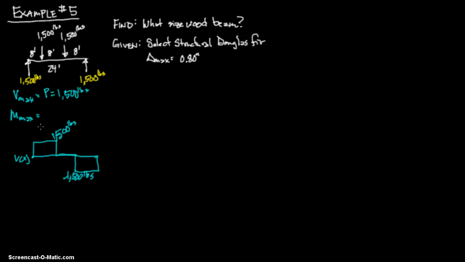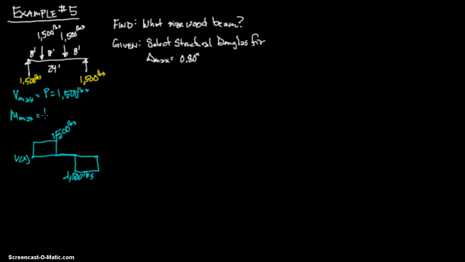It says between loads, M max, and that'll be obvious real quick. And it says PA, and A, I believe, if you look at the diagram, is going to be your 8 foot. But I'm going to double check, because I don't want to give you bad information here. And it is. It's the distance to A. A is this, if you look on the diagram, that distance right there.